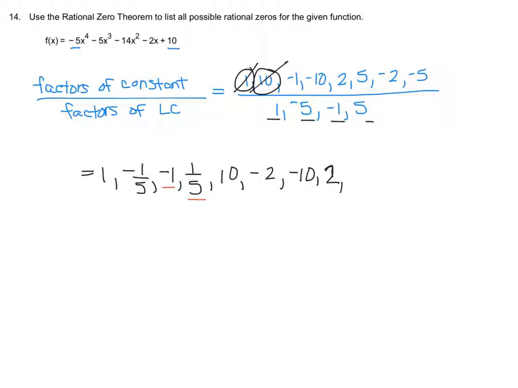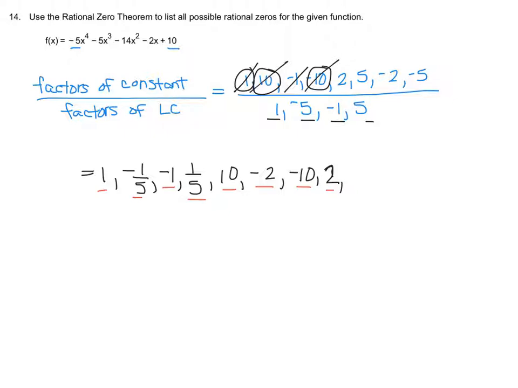Negative 1 divided by negative 1 is a positive 1, and negative 1 divided by a positive 5 is a negative 1/5. Again, we already listed those, so we don't need to list them again. Whenever we divide the negative 10 by each of these terms, you'll see that we already listed those answers as well. So we can move on to the number 2.